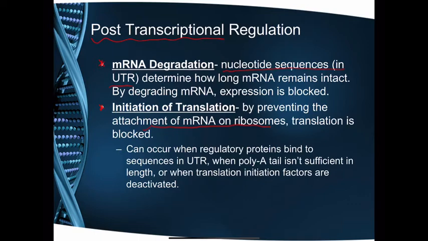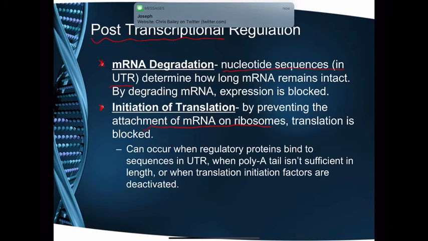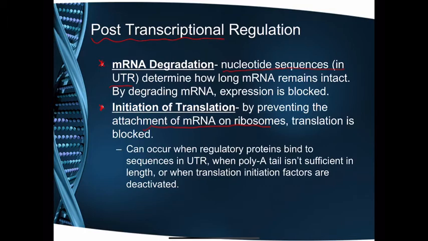So if we initiate translation and those are attached, then translation will happen. If the 5' cap and the poly A tail are not there at the end of transcription, then translation won't be able to occur.